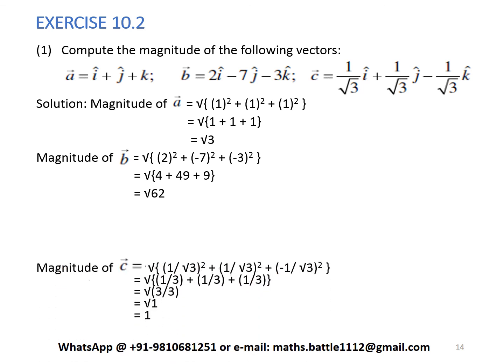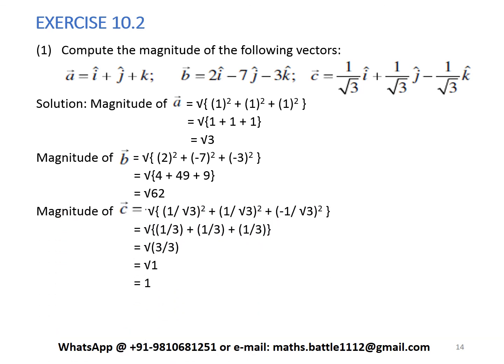And magnitude of vector C is equal to square root of (1 upon square root of 3) whole square plus (1 upon square root of 3) whole square plus (minus 1 upon square root of 3) whole square is equal to square root of 1 by 3 plus 1 by 3 plus 1 by 3 is equal to square root of 3 by 3 is equal to square root of 1 is equal to 1.